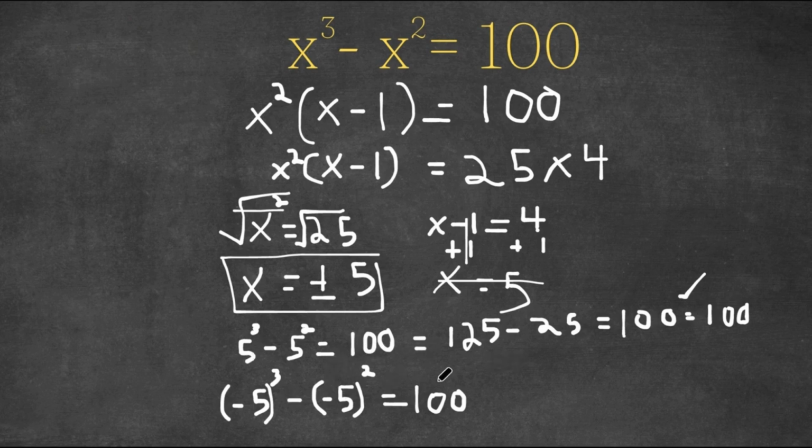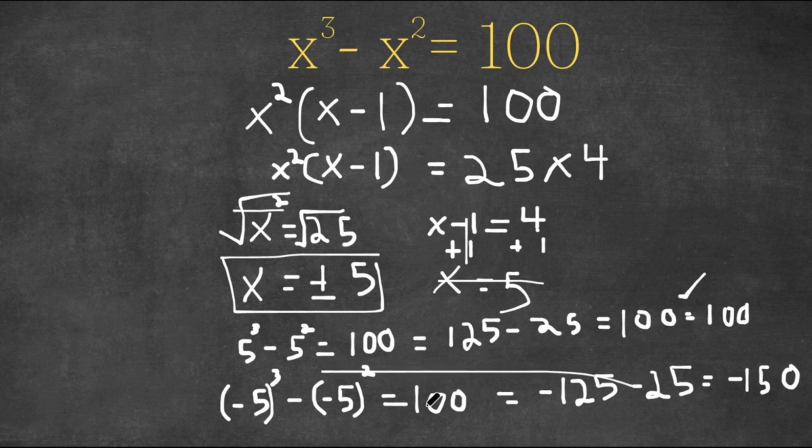And 5 to the power of 3 is 125. So this would be negative 125 minus negative 5 squared, which is 25. And negative 125 minus 25, well, that's negative 150. And that is not equal to 100, so this is rejected. And 5 is our only correct answer.